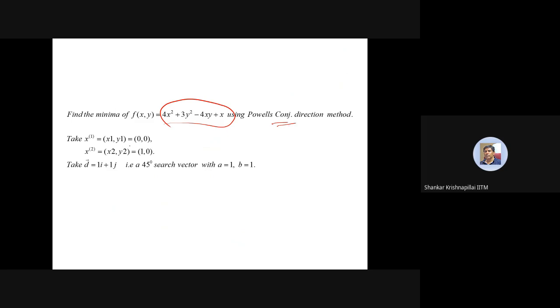Two starting points are given: x1, y1 is 0, 0, and x2, y2 is 1, 0. Then the search vector is a 45-degree search vector, so i is equal to 1, j is equal to 1. So this is the xy plane. x1 is 0, 0.